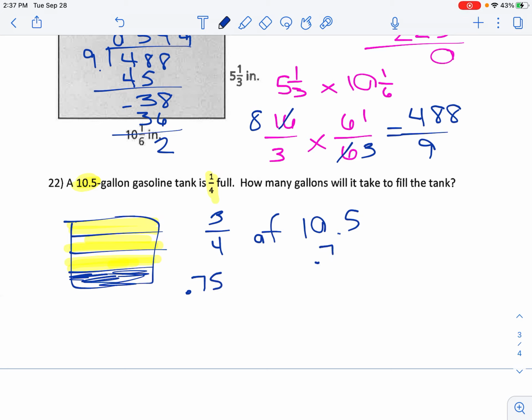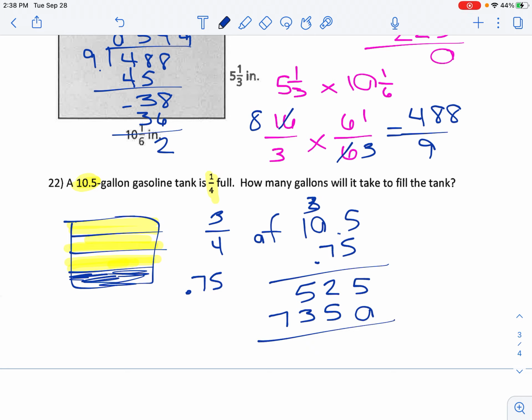So we can multiply 0.75 times 10.5. Count the digits behind the decimal. We had a 0.5 and a 0.75. So we need 3 digits behind the decimal in the answer.